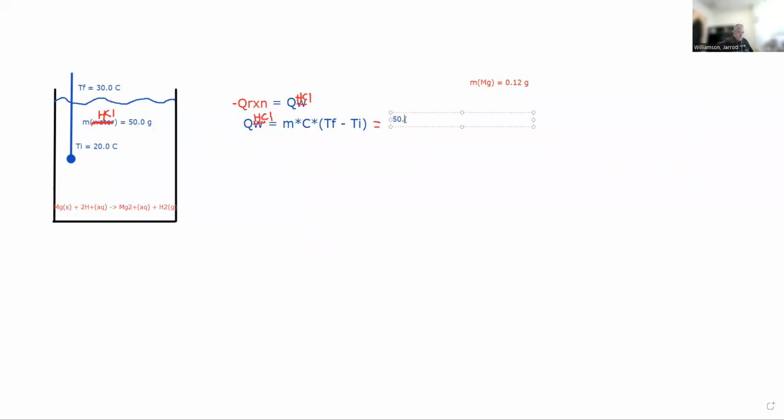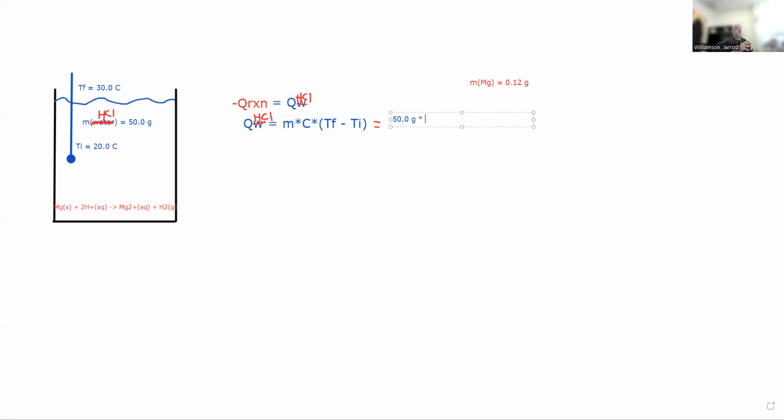We had 50 grams times the heat capacity of my 1 molar hydrochloric acid solution. We don't know the specific heat capacity of 1 molar hydrochloric acid solution, but 1 molar hydrochloric acid is overwhelmingly water.